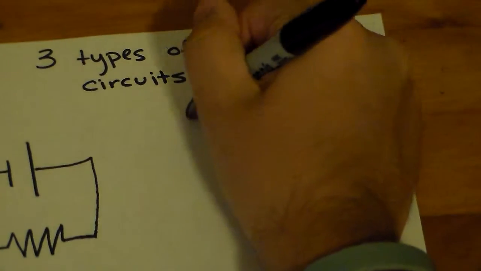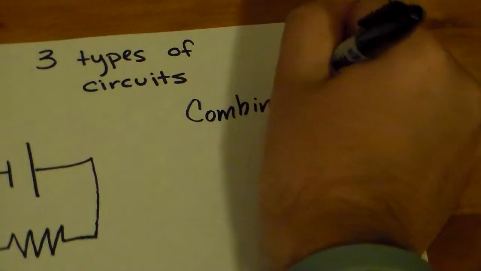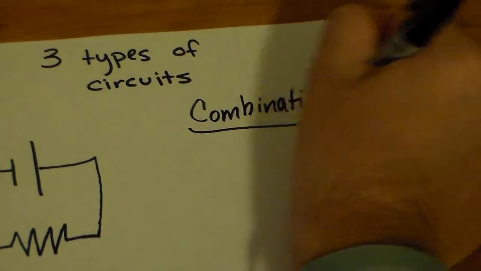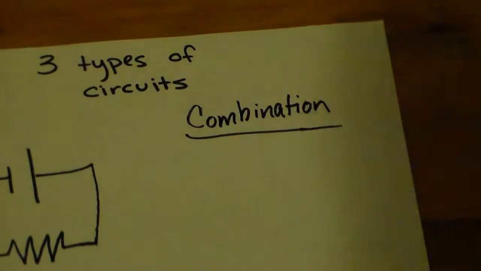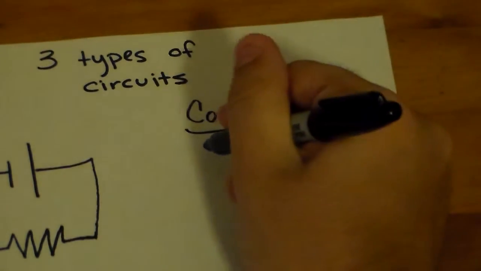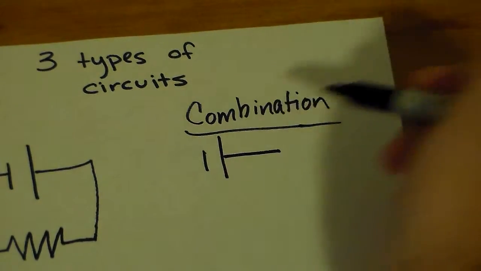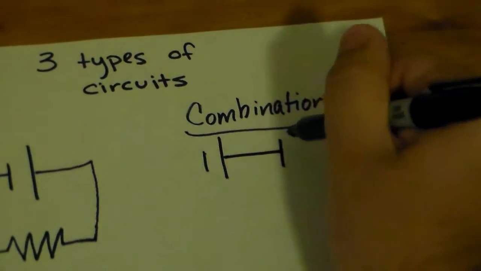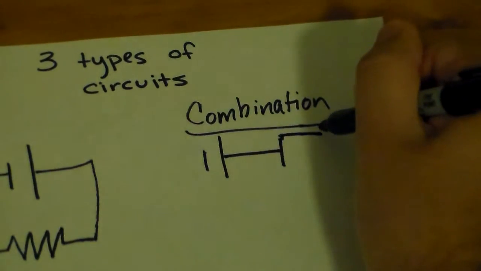Let me just write the word out here real quick: combination. You would have the battery source, come over, and create a rectangular sort of shape.